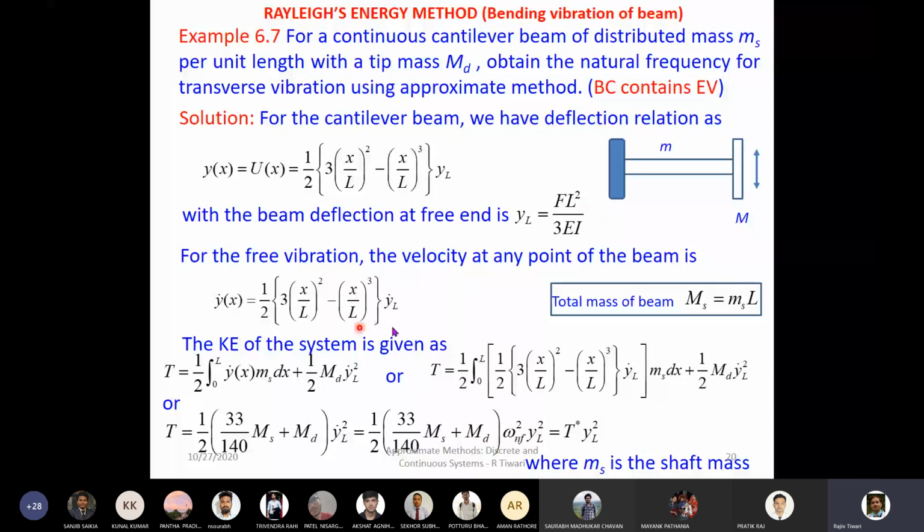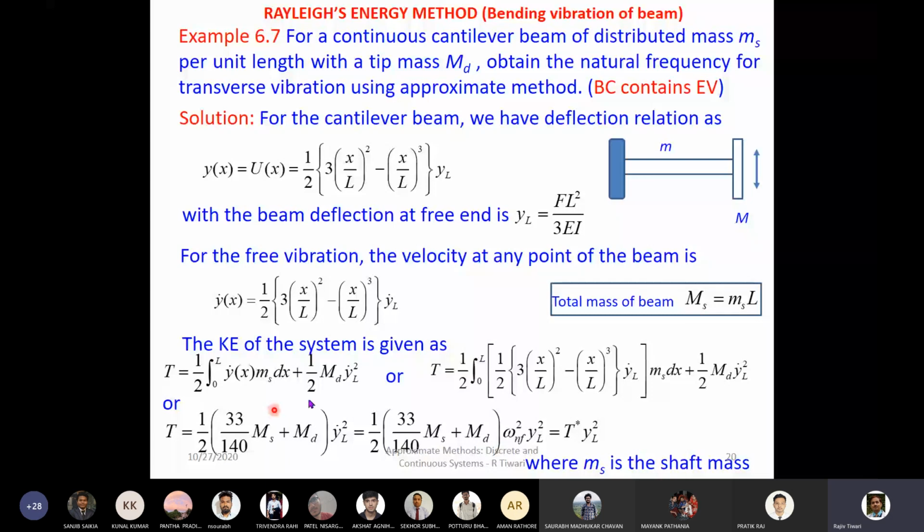Here again, the mass of the shaft is ms per unit length. If we multiply by the length of the rod, this will be the total mass of the shaft. Now we are writing the kinetic energy of this system.